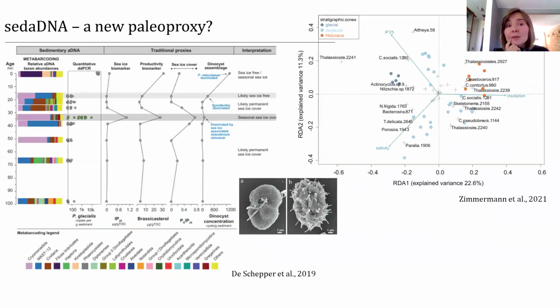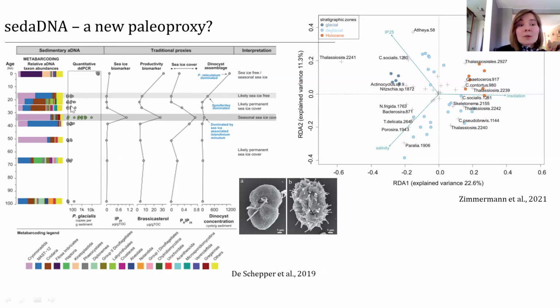Also, not only foraminifera were used as a proxy. Here you have an example of a study based on dinoflagellate cysts. And here the authors used the digital droplet PCR approach, which can show you not only the presence of the species, but also the amount of their DNA. I mentioned this approach in the first part of the lecture.